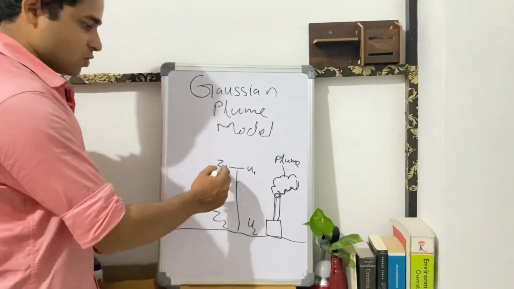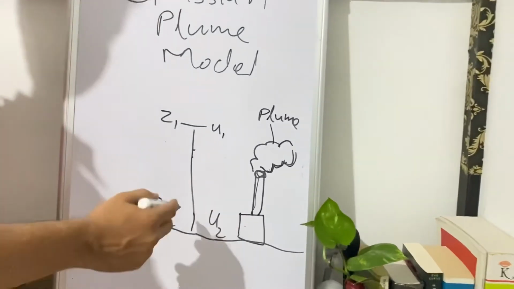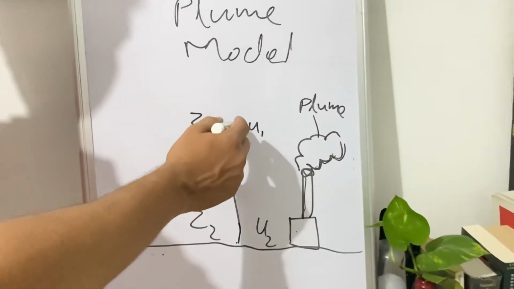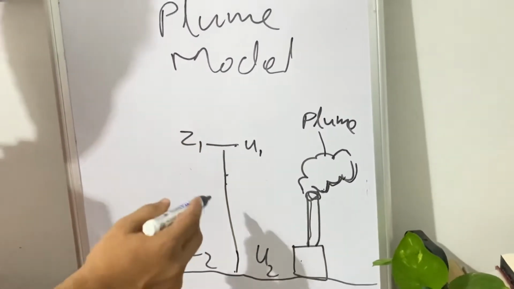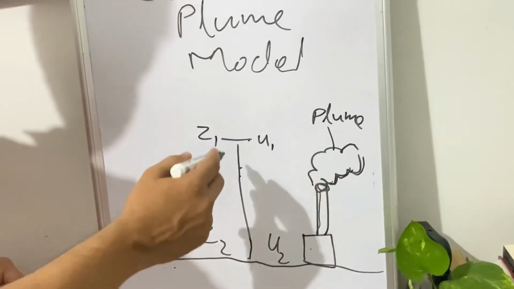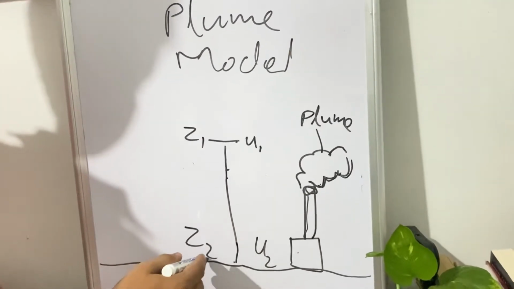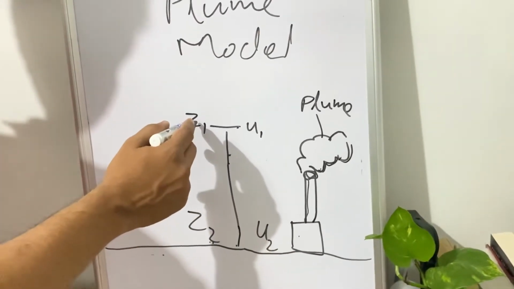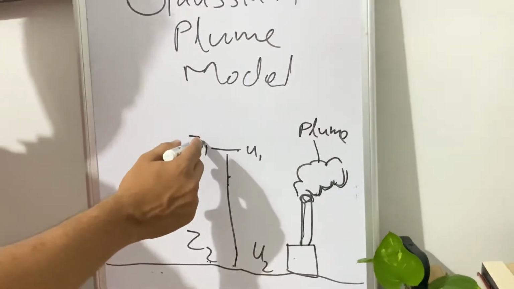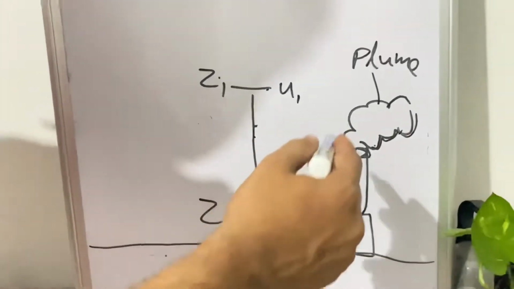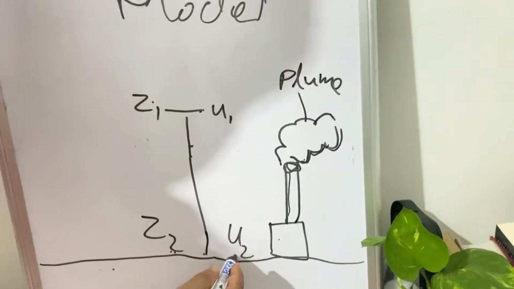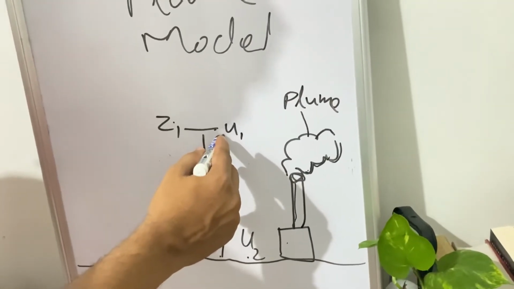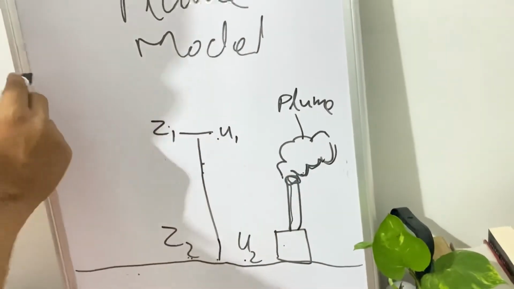Consider Z1 is the elevation from the ground level to the plume, okay, and the elevation at the ground is Z2, and the elevation from where the plume is dispersing is Z1, okay, and the wind speed at the ground level is called U2, and the wind speed at the plume level is called U1.